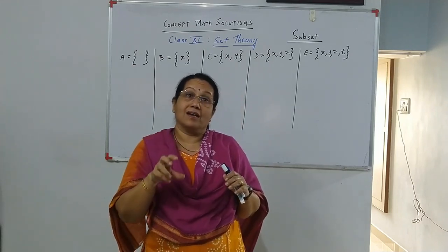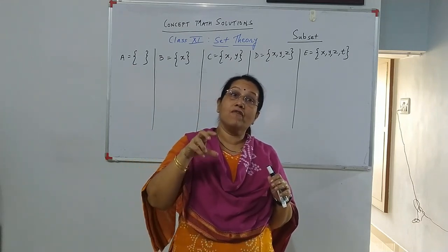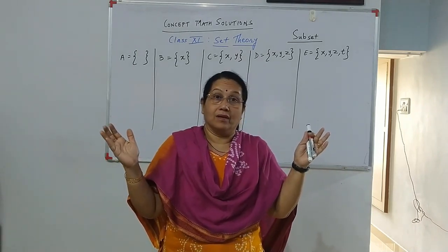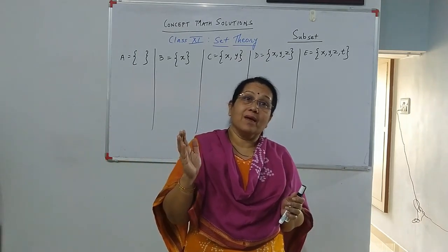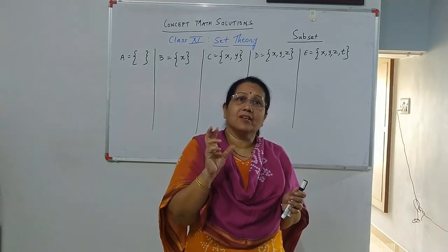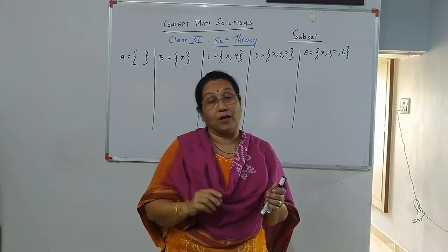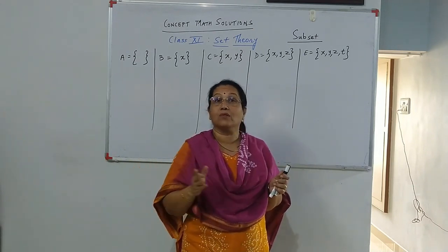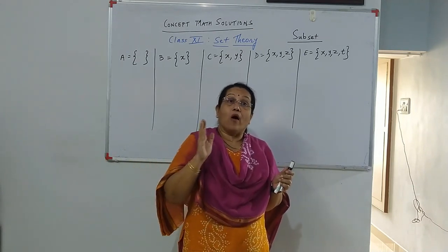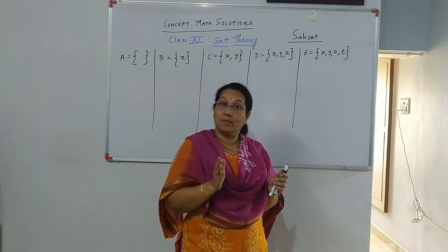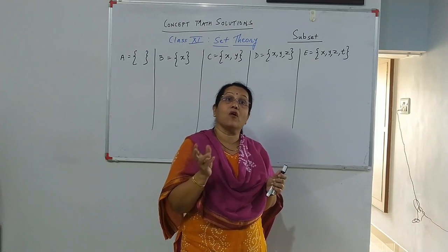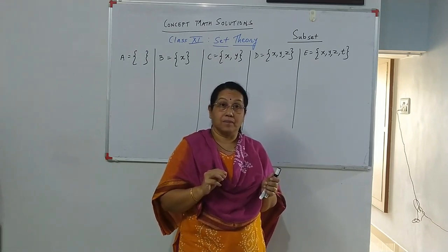So your class is a subset of your classes in school, right? If I say the set of natural numbers 1, 2, 3, 4 and so on, and then the set of whole numbers 0, 1, 2, 3, 4 and so on, all natural numbers are whole numbers. So the set of natural numbers is a subset of whole numbers.